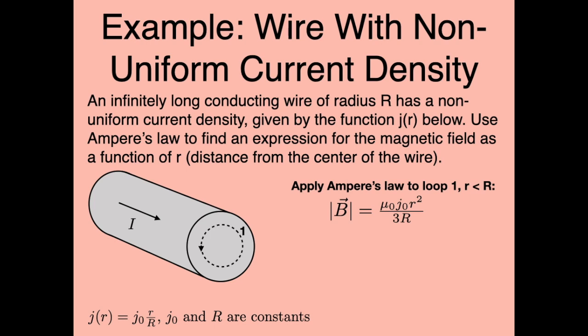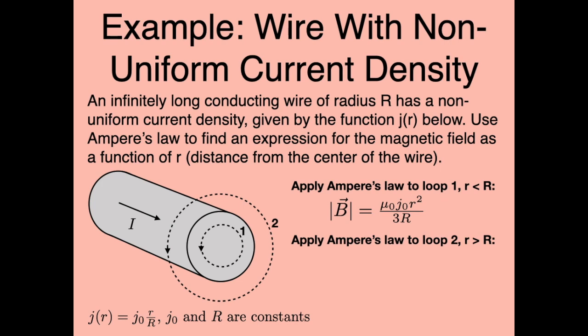So the next thing we'll do is apply Ampere's law to this second loop, which is outside of the wire. So the radius of that loop is bigger now than the radius of the wire. And so let's work out using Ampere's law what the magnetic field looks like out here.